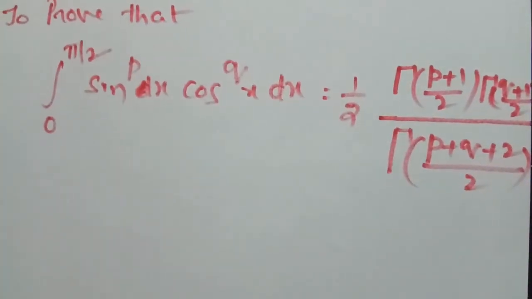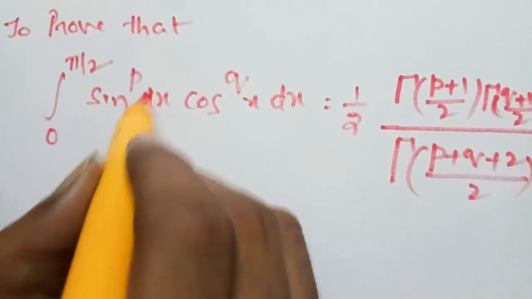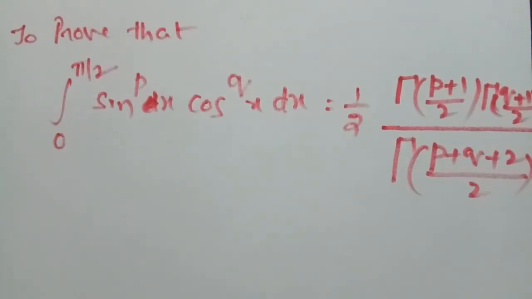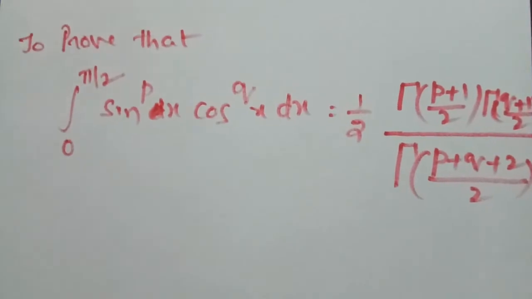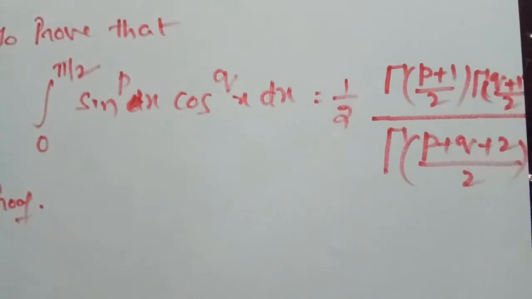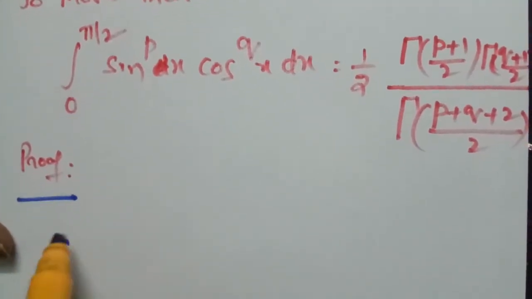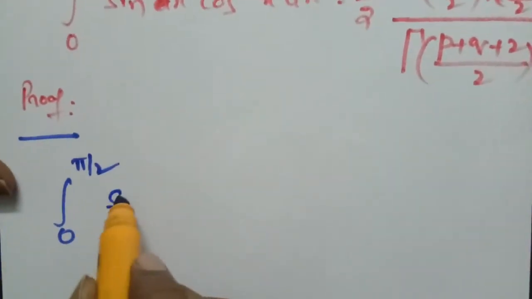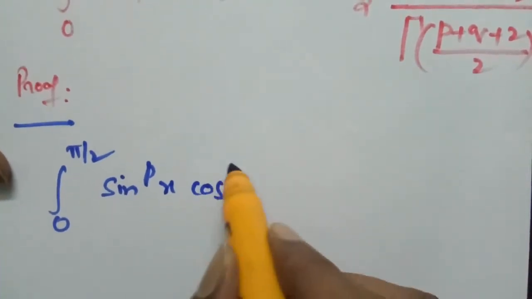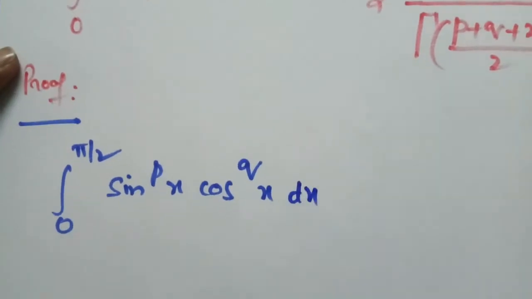How to prove this? Sin to the power of p x into cos to the power of q x dx. Now take the integration, integral 0 to pi by 2 of sin to the power of p x into cos to the power of q x dx.